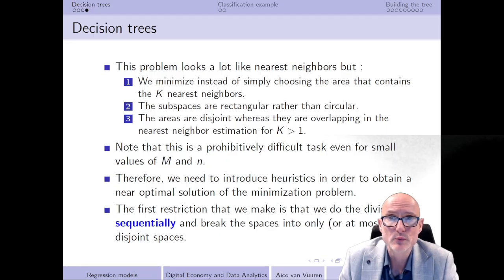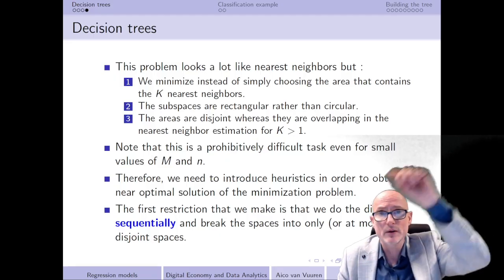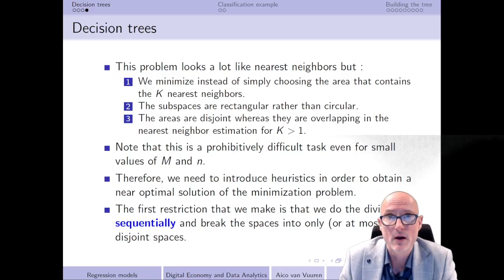In addition, as I have already said, the subspaces are rectangular in the case of decision trees, whereas they are circular with k-nearest neighbors. And the final difference is that the areas are disjoint in the case of decision trees, whereas they are overlapping in the case of nearest neighbors, at least when k is larger than 1.